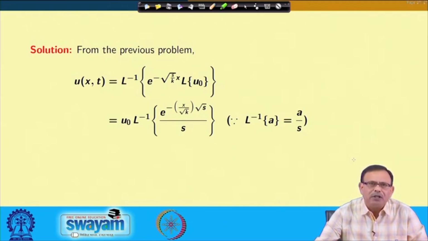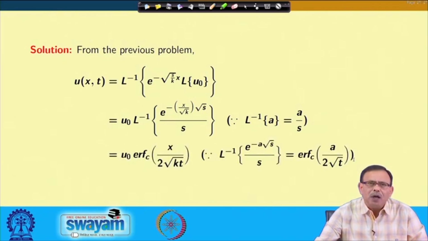That way you are writing u(x, t). And the Laplace inverse of this function is the complementary error function of a by 2 root t, and therefore, you are getting the value of this one as the complementary error function of x by 2 root over k t.